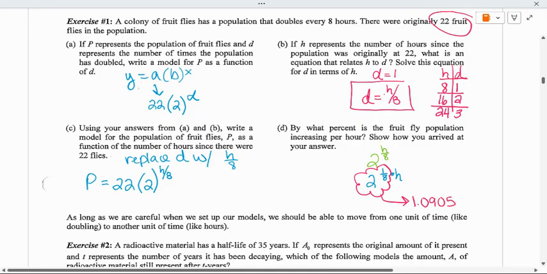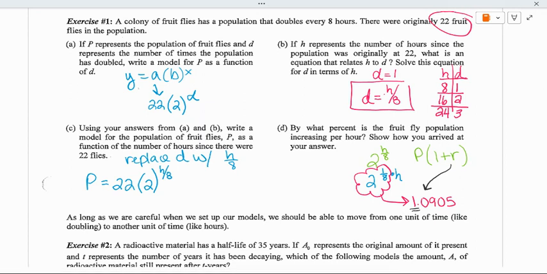So it's asking us for its percentage. And remember that percent growth is 1 plus the rate written as a decimal, right? We added a 1 to this because it's growing. So what is the percent of growth? Well, it's this decimal piece. Our percent of growth is 9.05%.